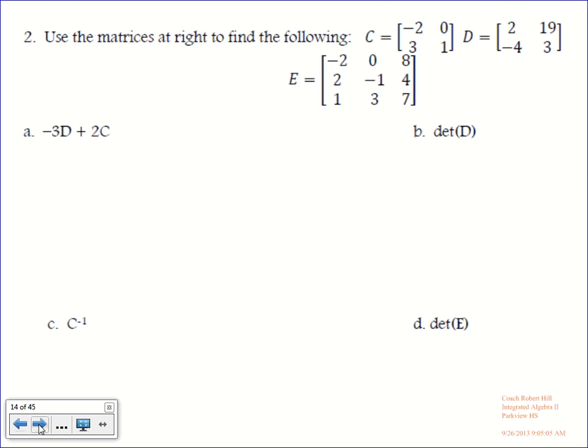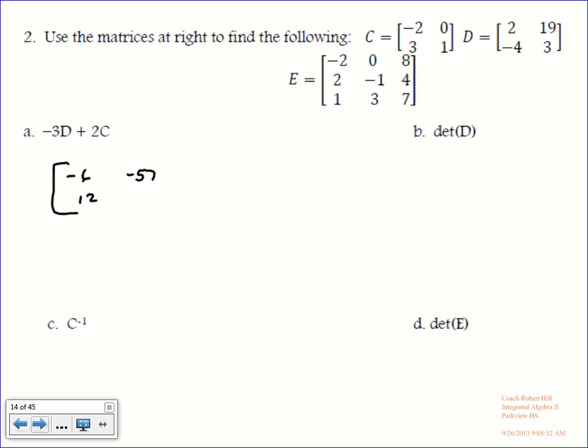All right, second part. Remember, this is scalar multiplication. So the way you work scalar multiplication is you just multiply everything in D by -3. So negative 3 times 2 is negative 6. Negative 3 times negative 4 is positive 12. Negative 3 times 19, negative 57.